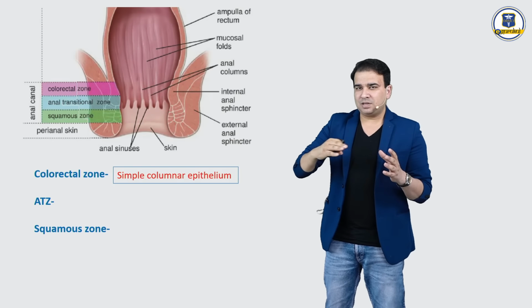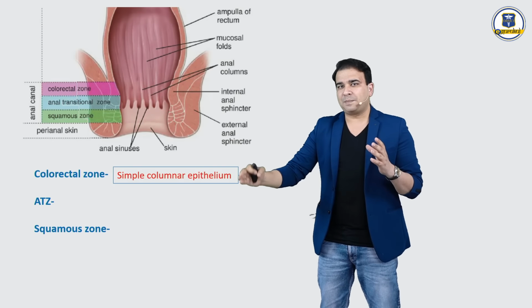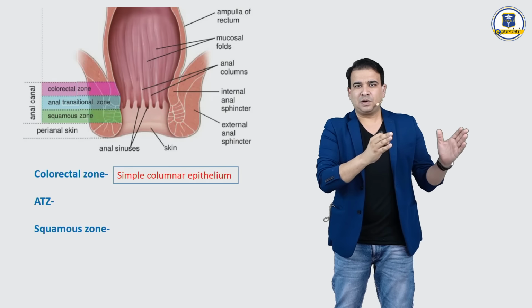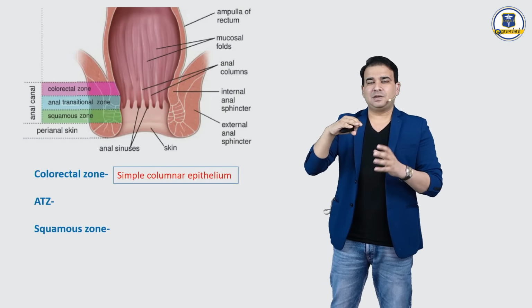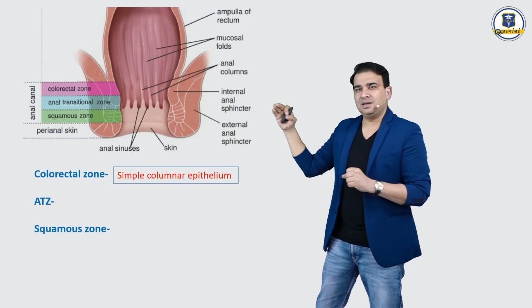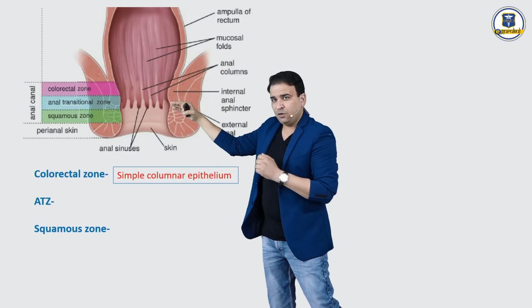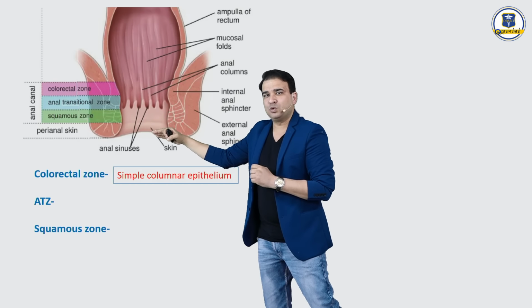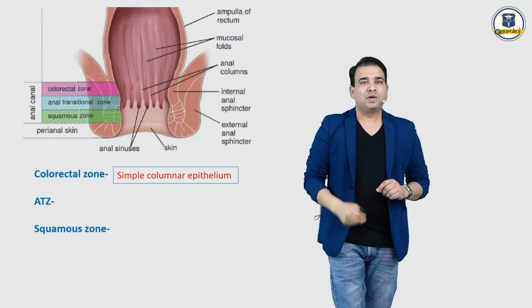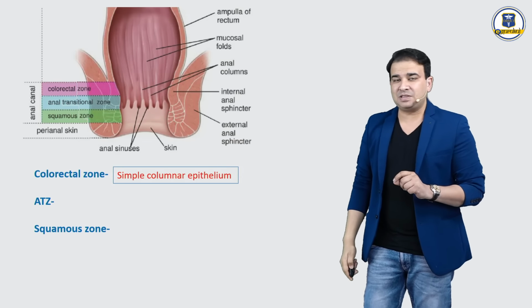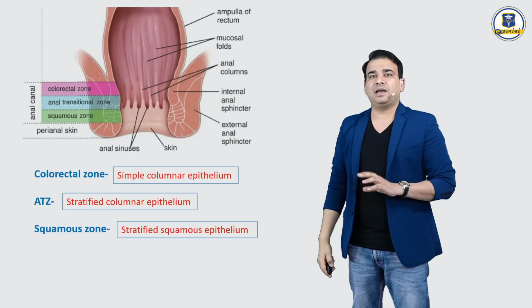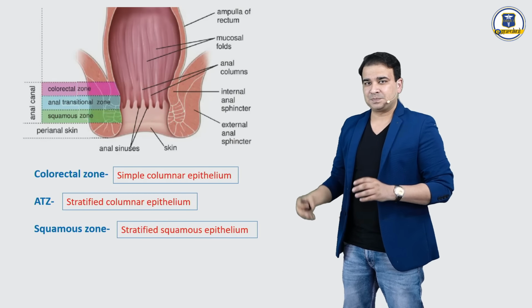So you can see the change now taking place when we go toward the perianal region. It was simple columnar. Now the layers have increased, it becomes stratified columnar, which is in the pectinate line region, or you can say in the ATZ region. And if you go below, that is in the squamous zone, as the name suggests, we have a stratified squamous epithelium there, which is just like the epithelium of the perianal skin.